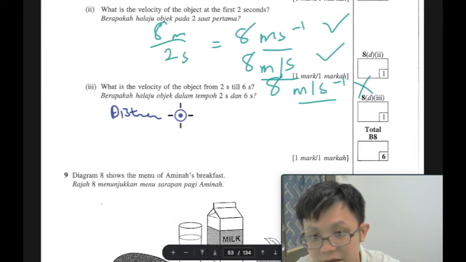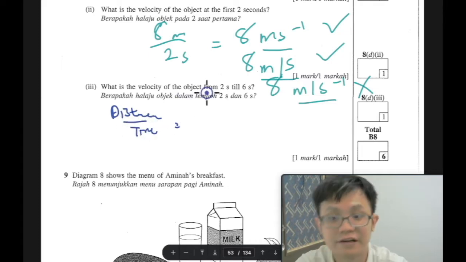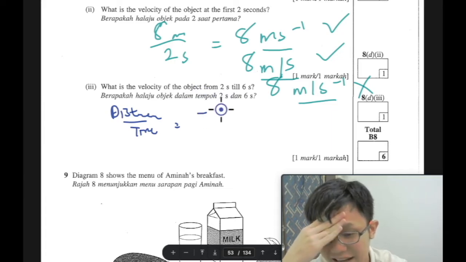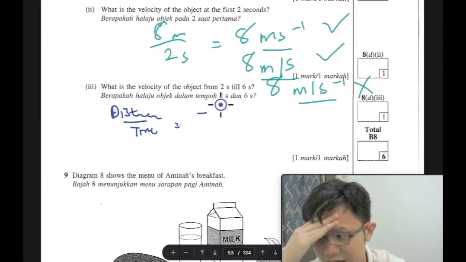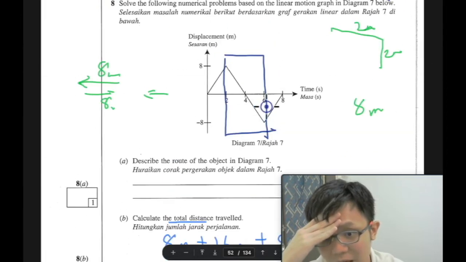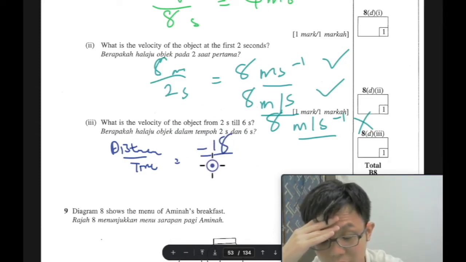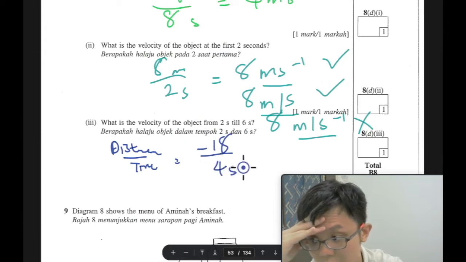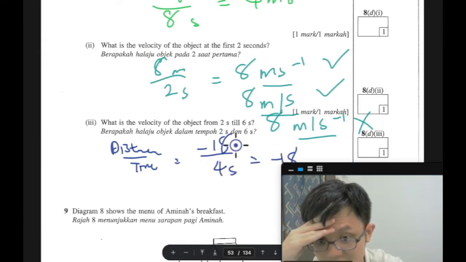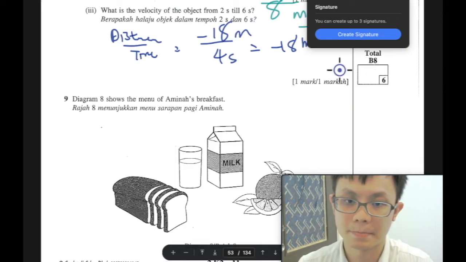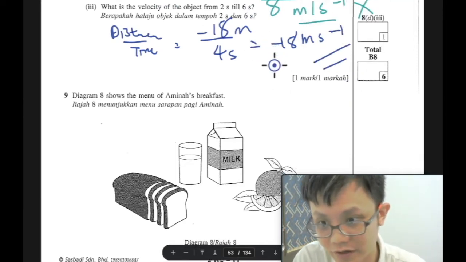Distance divided by time. Because he's traveling backward, should I put negative? Negative 16, because he travels down. In meters, they are traveling down. So I put here negative 16, divided by the time, which is 4 seconds. So eventually I will get negative 4 m s negative 1. Correct? Okay, very good. Remember to write the unit again.